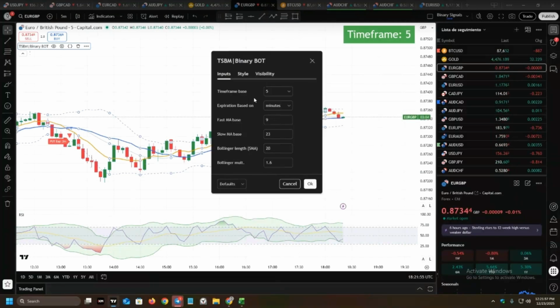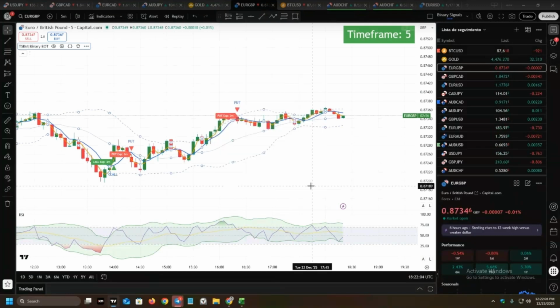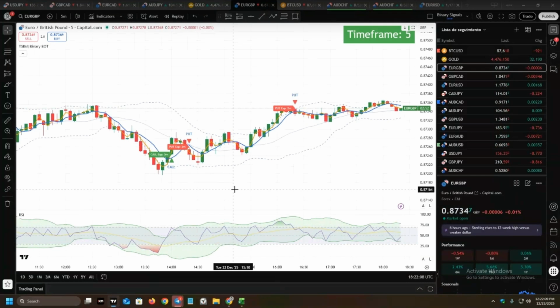So we're telling the bot that we're going to work in 5 minutes, but we want it to start looking for more opportunities based on still the 5 minute time frame. It's always constantly looking for a specific entry point for the 5 minute time frame, but looking for opportunities as if we were in 1 minute.